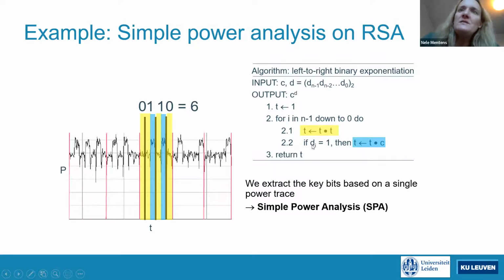A squaring followed by a multiplication must be a 1. Again, square multiply, that must be a 1. Then again, square not followed by multiply, that must be a 0. So between those lines the key bits are 0, 1, 1, 0, or 6. If the modular exponentiation is implemented like this, then by taking just one power trace of the device while it is running this modular exponentiation, we can extract the key bits from a single power trace. This is what we call simple power analysis.